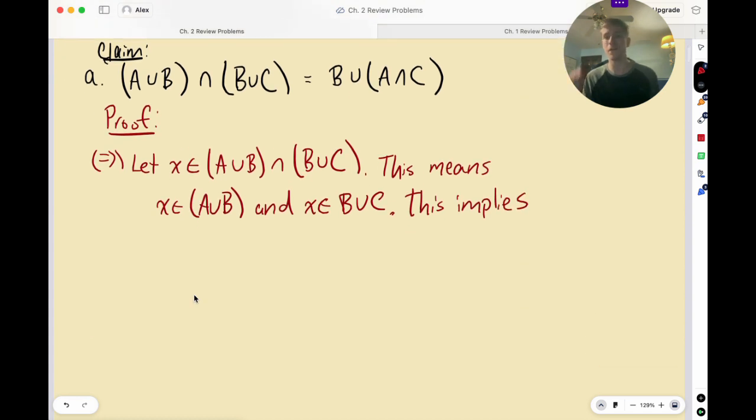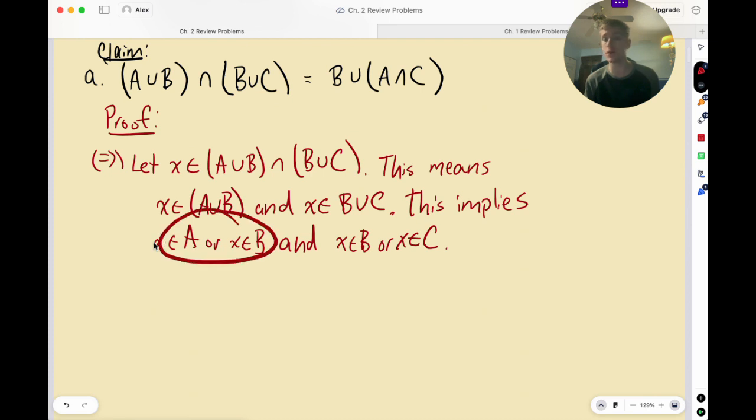It implies four different things could happen. Because x being an element of A union B means that either x is in A or x is in B, and x is in B or x is in C. And I just want to remind you that if x is in A or x is in B, it could be in both. We don't know. So that is a possibility as well.